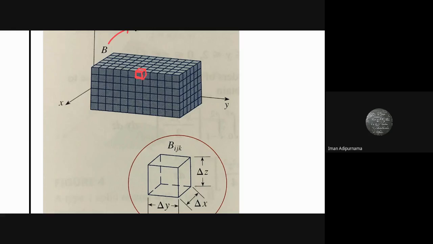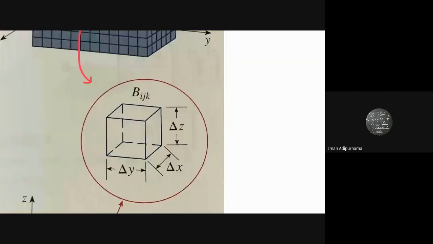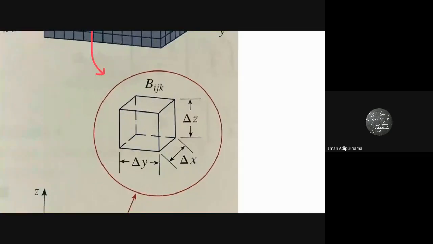So let's see the small blocks in more detail here. Now we have 3 components, okay? I, J, and K, right? And it will determine, we have delta Y, we have delta X, we have delta Z, okay?